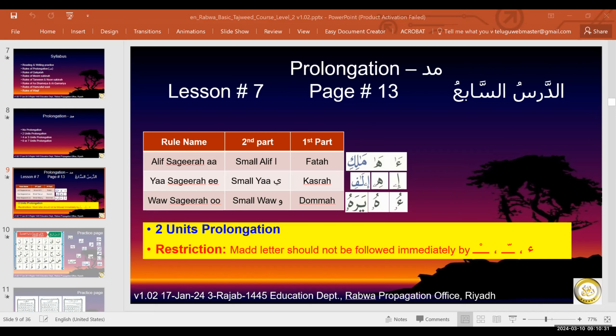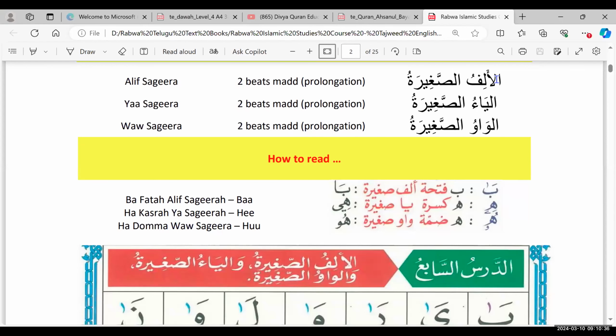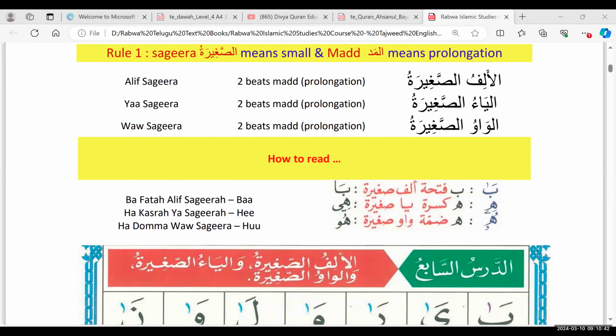Is there any sign? Is a mad sign there? Alifu, no mad sign. Al Yawu, is there a mad sign or not? Al Ya'u, no mad sign there. Ya, Fatha, Alif. There is a mad. Mad sign is not there, but the mad is there.